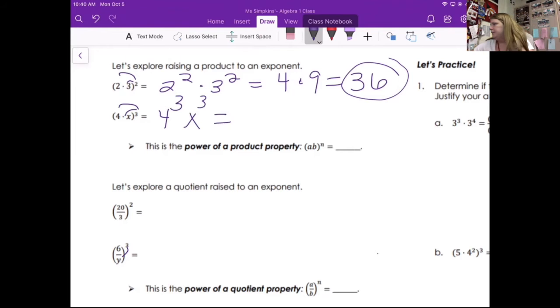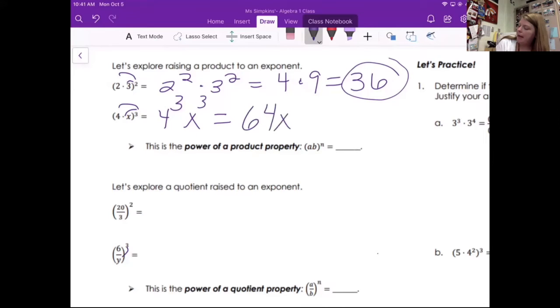And again, I'll give you a moment to figure out what 4 to the third is. 4 to the third was 4 times 4 times 4, which is 64.